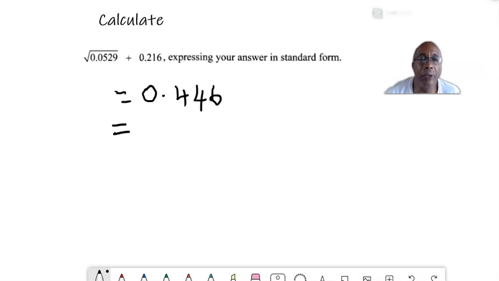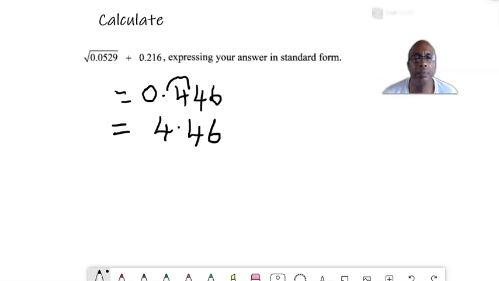But then I must write this answer in standard form. So remember, for standard form, we first shift the point to get a number between 1 and 10. So I shift the point forward one place to get 4.46, and I multiply that by 10.